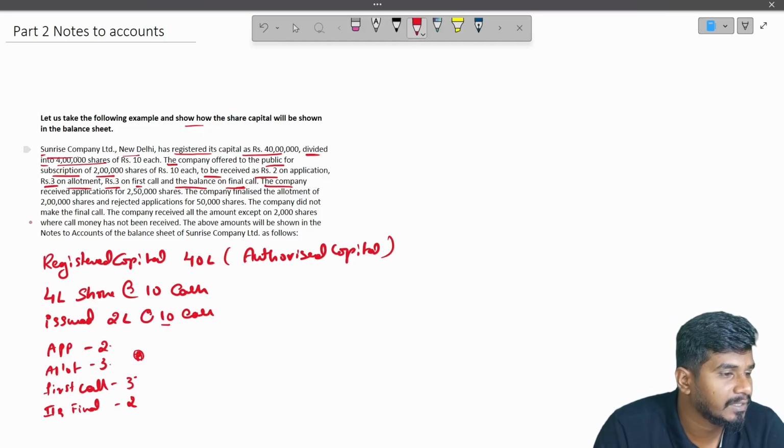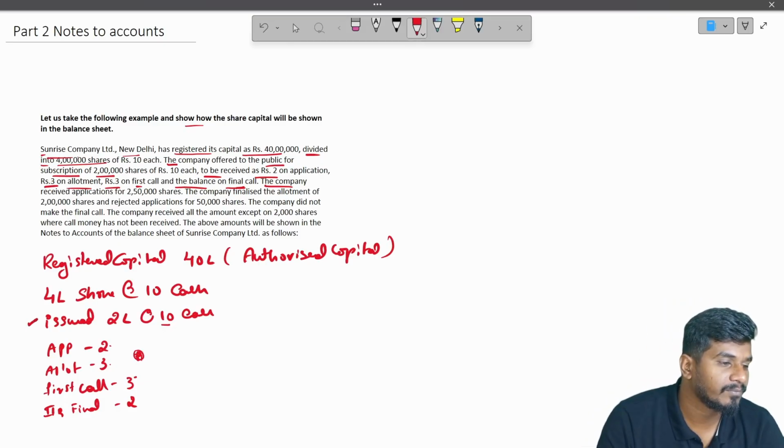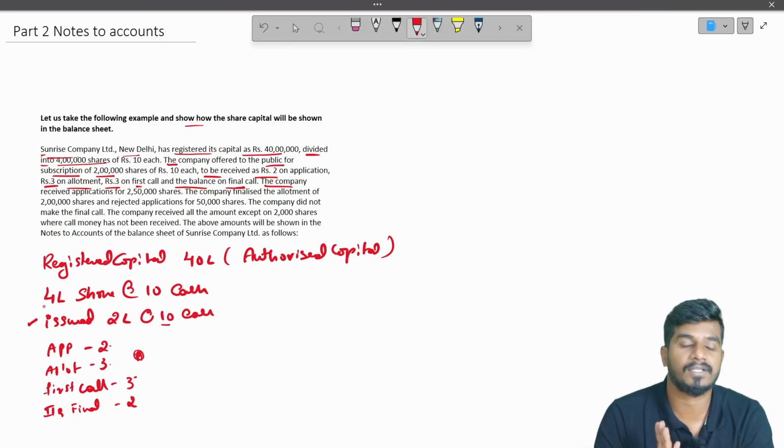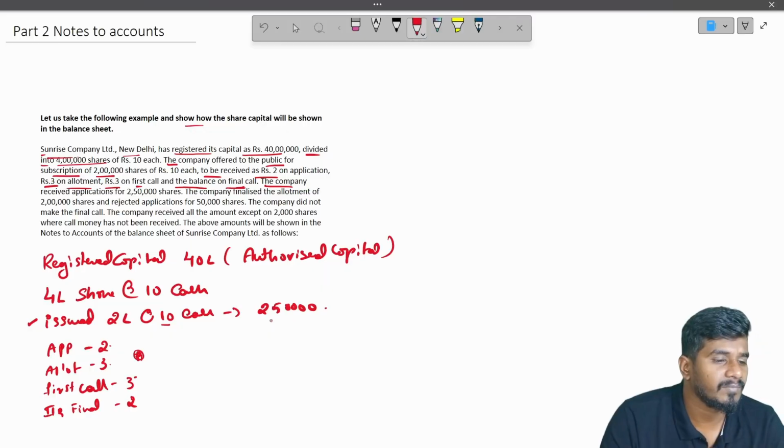The company received application for 2,50,000 shares. How much they have issued? They issued 2 lakh, but they received 2,50,000 applications. Correct.